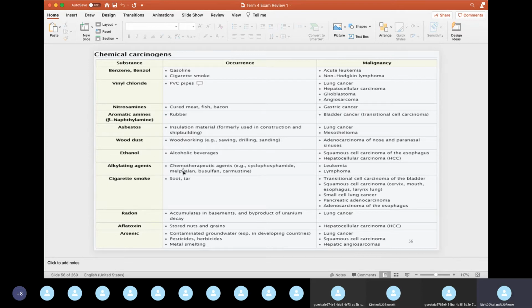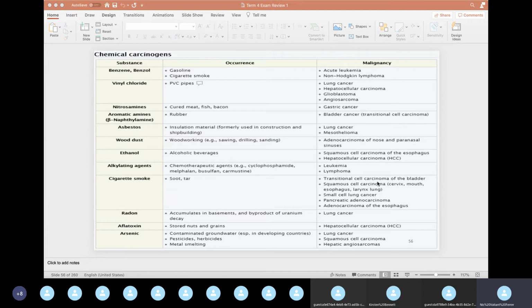Ethanol, if you're an alcoholic, malignancy involved is HCC, you're damaging your liver, hepatocellular carcinoma, and squamous cell carcinoma of the esophagus. We're going to learn later about Mallory-Weiss syndrome, about Boerhaave syndrome. Alkylating agents, if you go on chemotherapy, right, you can have lymphoma or leukemia. Again, cigarette smoking, there's a lot, right?